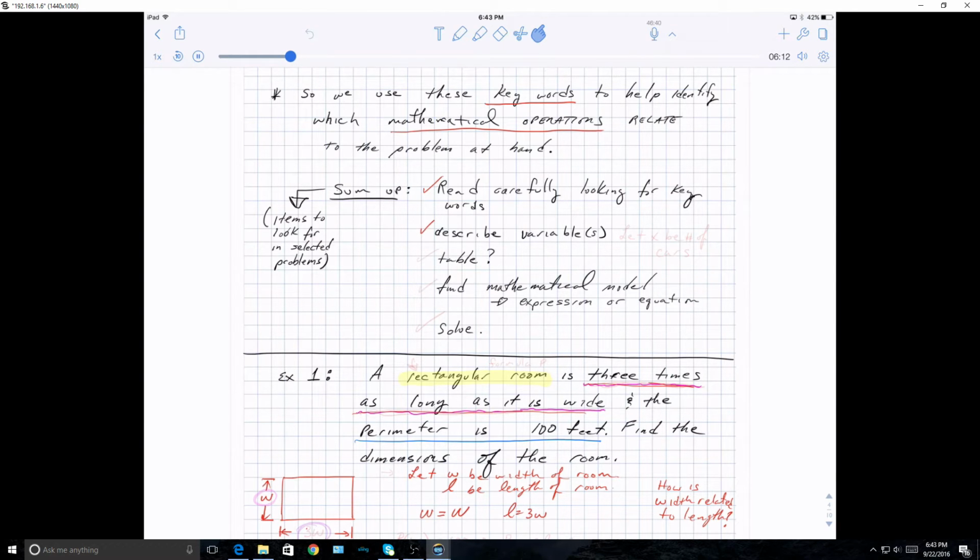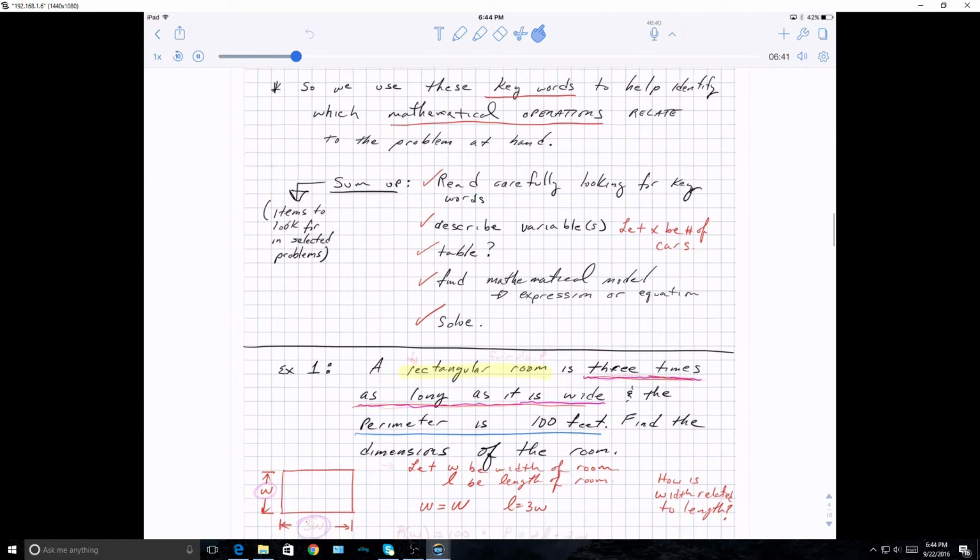Now that'll be something like, let X be number of cars, something that defines what the variable is. You might want to produce a table in order to help you find the mathematical model. If you don't need that, you can find the mathematical model, the expression, or the equation directly if the problem presents itself, and then you can solve.